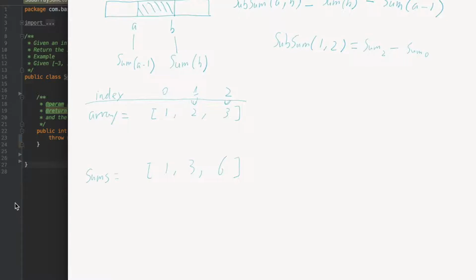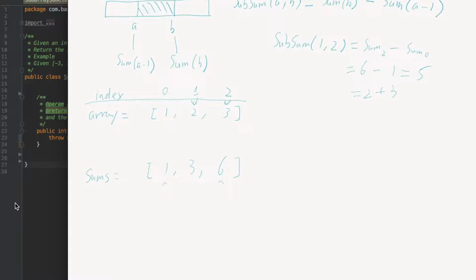So we have sum 2, which is 6, minus sum 0, which is 1. So 6 minus 1 is 5. That's exactly 2 plus 3. Yep, so the result is correct.